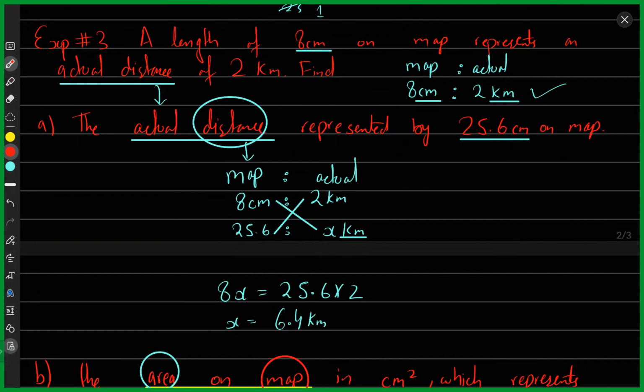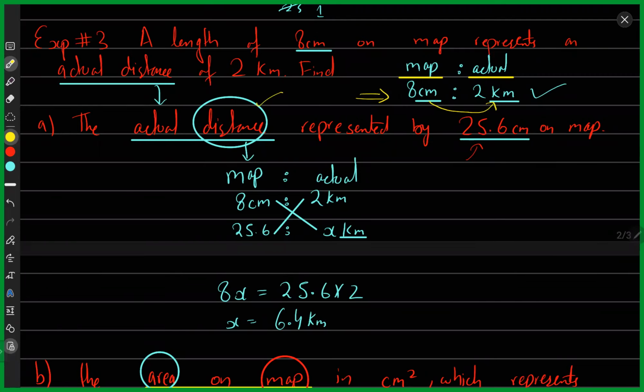A length of 8 centimeters on map represents an actual distance of 2 kilometers. So you had to find the actual distance represented by these many centimeters on map. Step 1 is to make the standard ratio. This was for map, this was for actual. 8 centimeters on map represents 2 kilometers of actual distance.